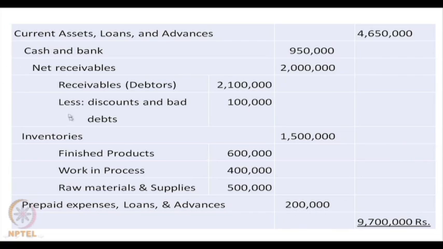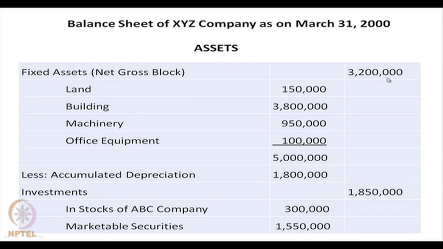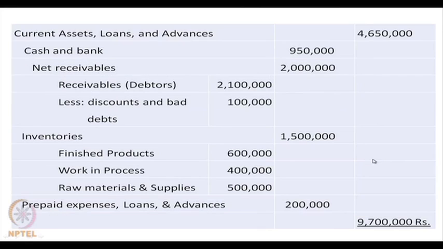We will give definition of almost each one of these items later. Just now, let this be 200,000. These four together, meaning cash, accounts receivables, inventories and prepaid expenses and advances, add up to 4,650,000 rupees, and then previously these two were there under fixed assets and investments, they add up to 9,700,000 rupees.